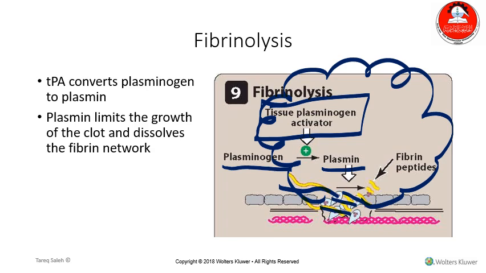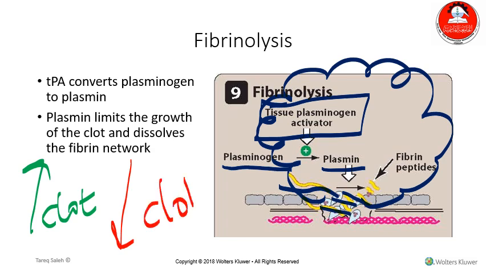So thrombin results in the formation of the clot, while plasmin breaks down the clot, and that keeps you in a state of balance so that the clot does not reach a large size that will block blood flow in the blood vessel.